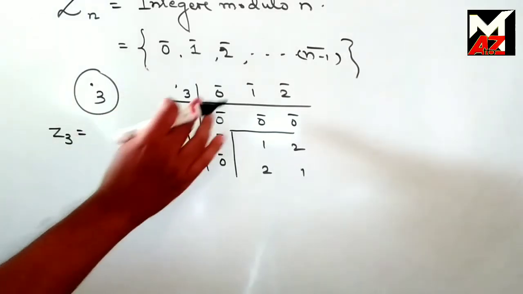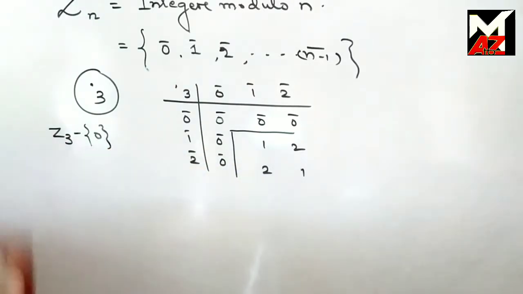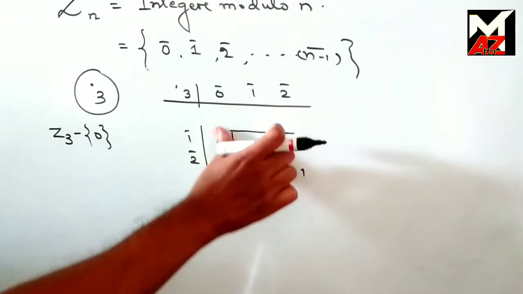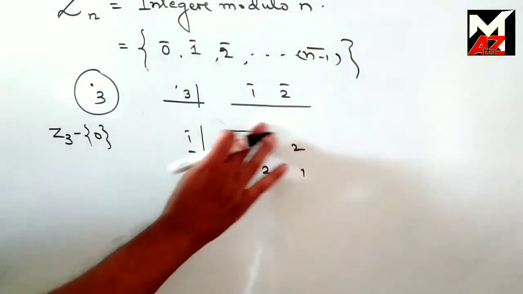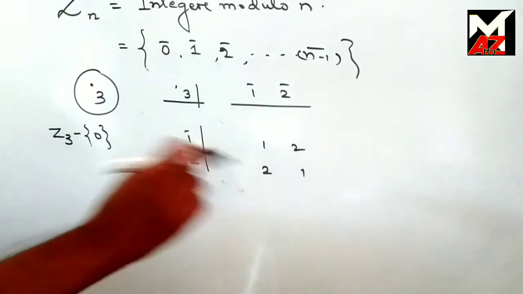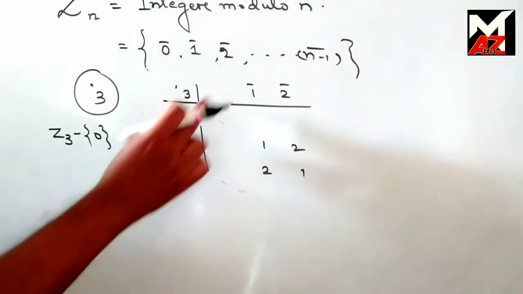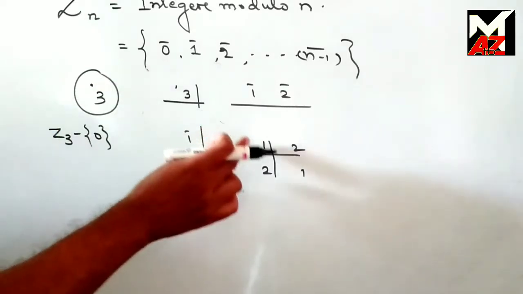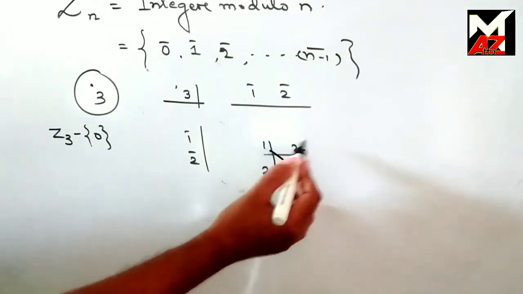Now if we delete 0̄ from this set, that is if we take Z3 minus 0, we delete this row and this column here, and this set must be a group because it holds closure property, it holds associative property, and it holds identity because 1 is the identity from first row and first column, and also 1 is the inverse of 1 and 2 is the inverse of 2, and this is also an abelian group because it is symmetric.